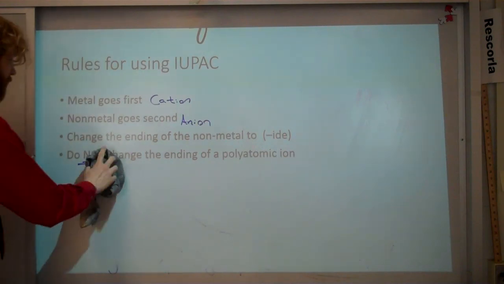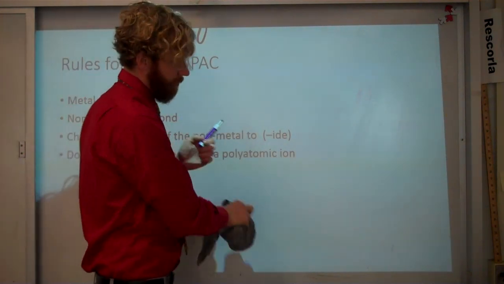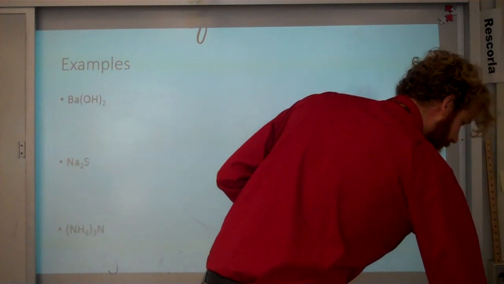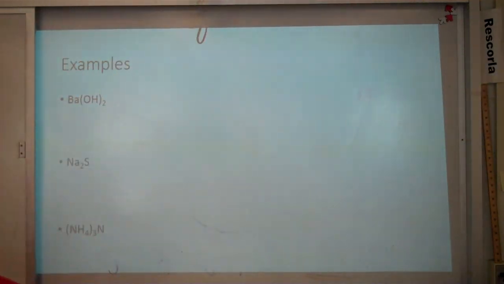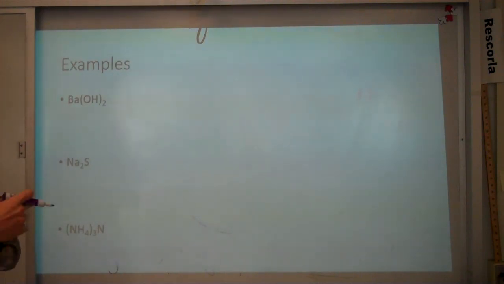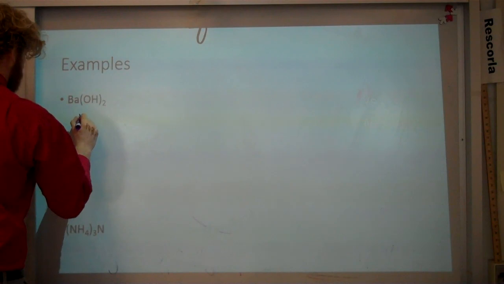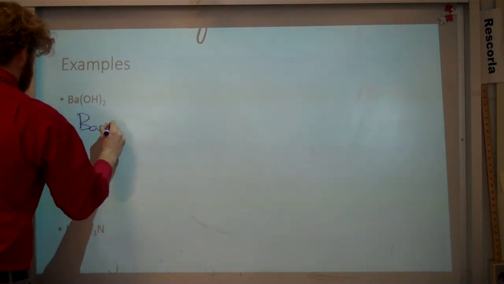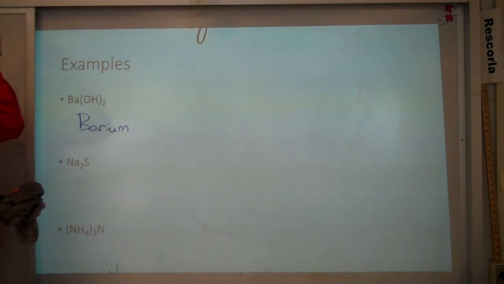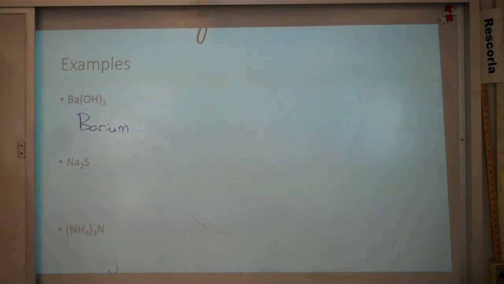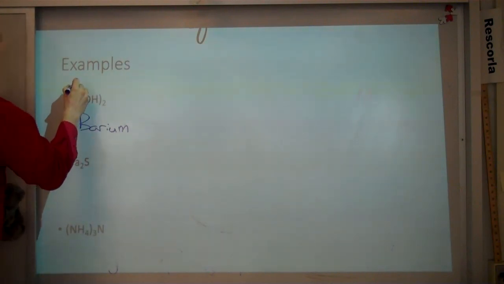So let's do some examples. So the first example, Ba. Now we know that Ba is barium. We're just going to write barium. We know that barium has a charge of +2.